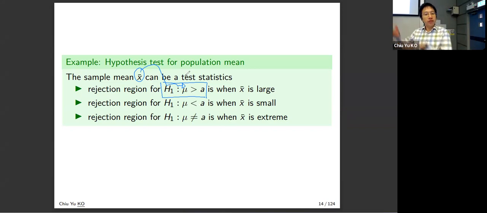Then probably you will think that's the case. Same idea here. If we find the evidence for H1 is large enough, then you reject the H0 and you will take the H1 alternative.